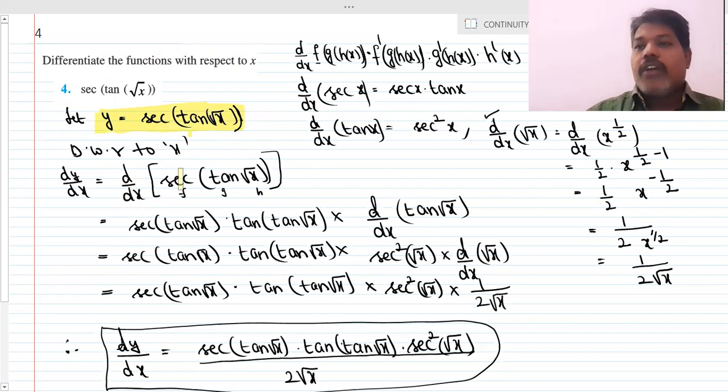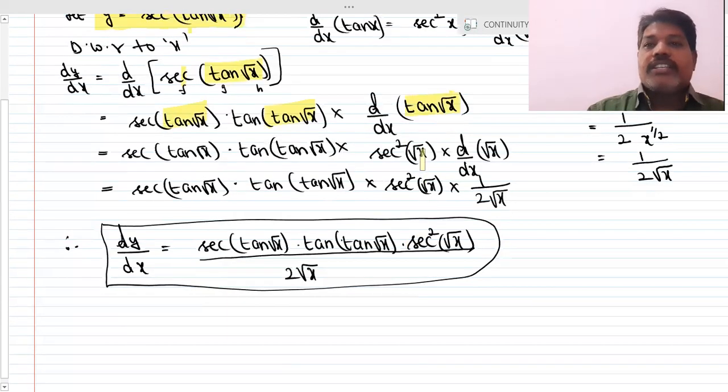First, the derivative of secant. Understand that this is the x. Secant x derivative is secant x into tan x. But it is not an x, it is a tan of root x. So that's why you have to differentiate the derivative of tan of root x. Understand that this is tan x.